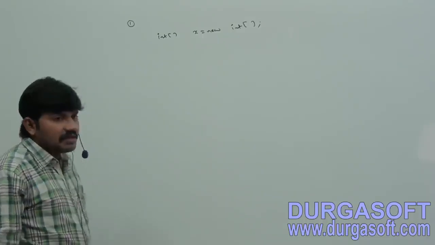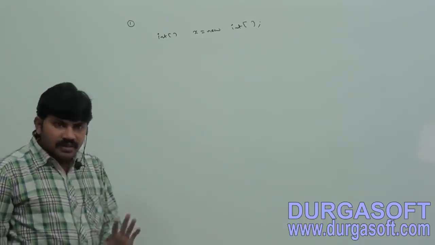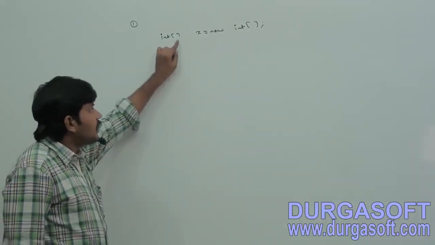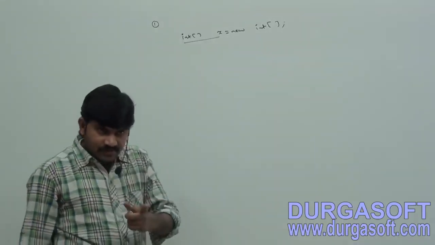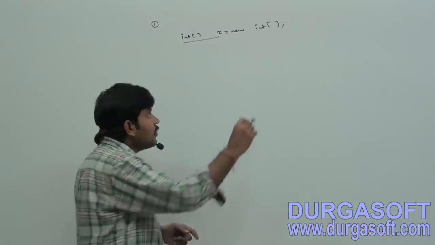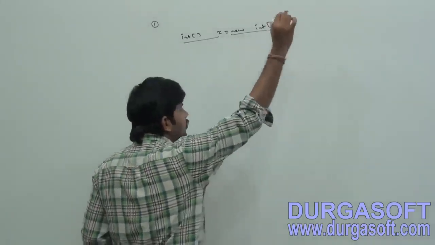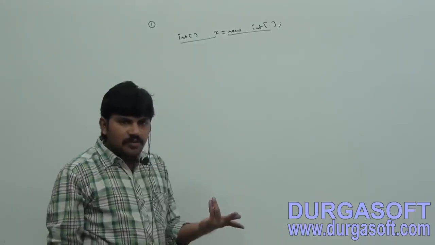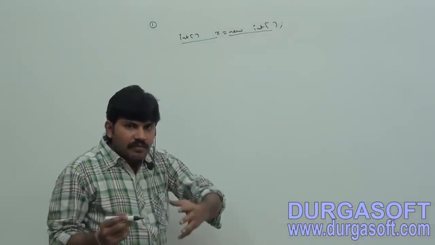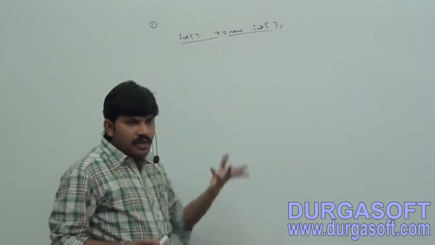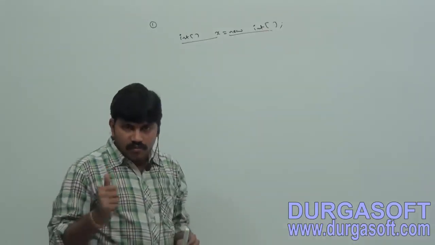If I write like this, the compiler will give an error. The reason is, at the time of declaration we can't specify the size, but at the time of creation we compulsorily should specify the size. At the time of creation, the JVM reserves the memory based on your size. If you do not specify the size, how will the JVM reserve the memory?